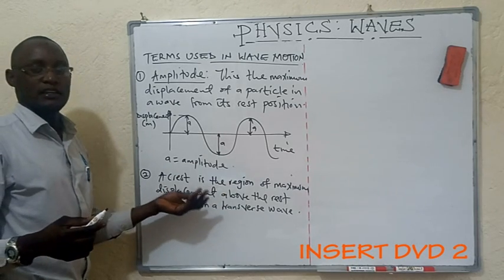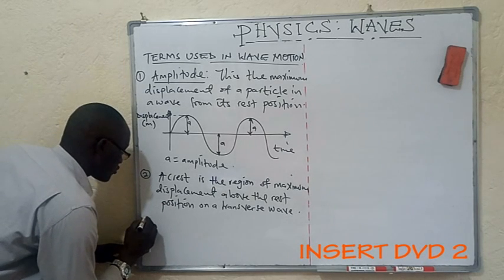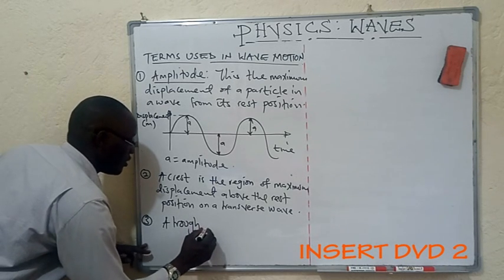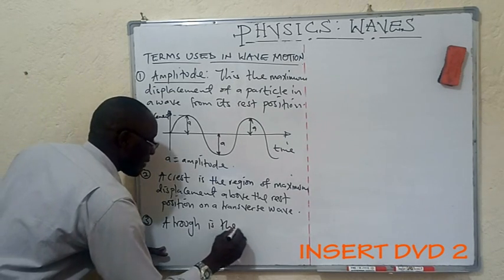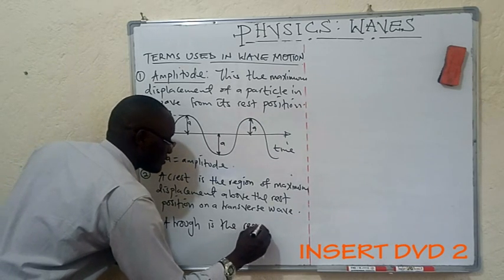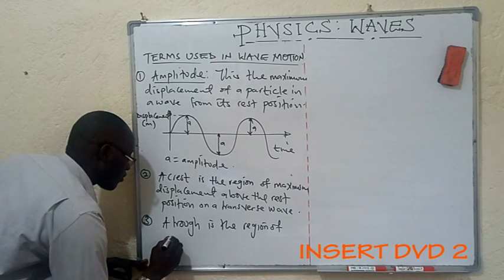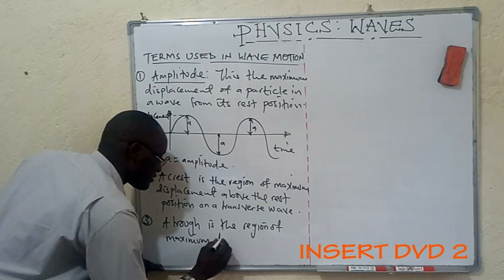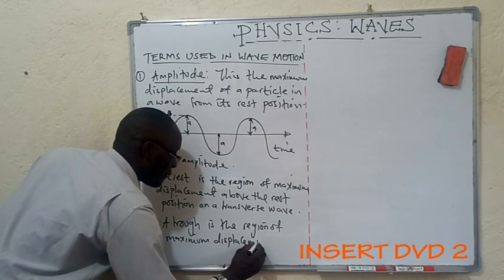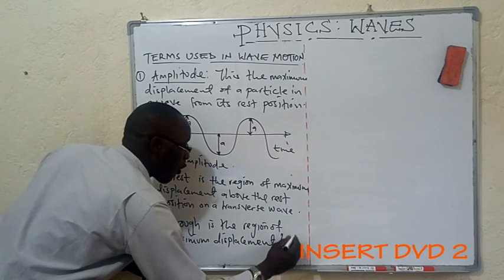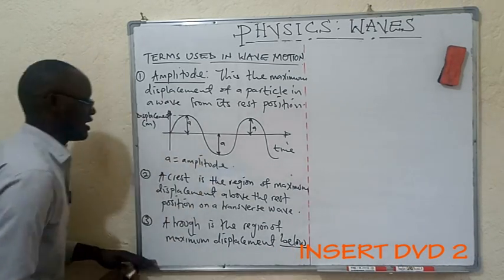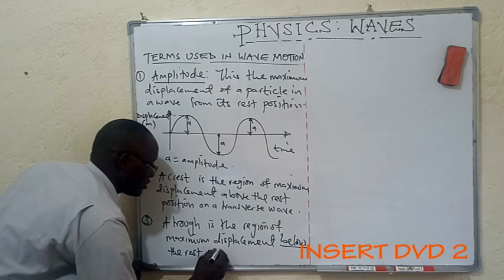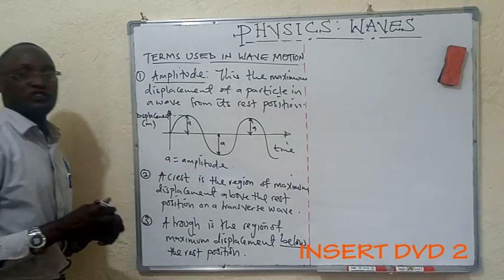Point of maximum displacement. Then, what about number 3, a trough? Have you ever heard of a trough? Oh, so we are going to see that a trough is the point or the region of also maximum displacement, but below, you have to underline, below the rest position.